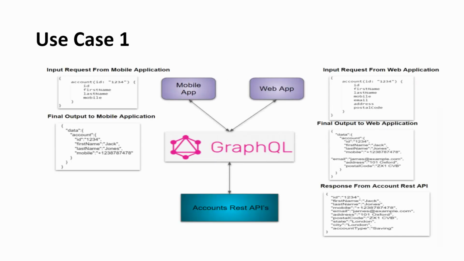Okay, so we are going to discuss some of the use cases. Say I have some underlying API, like I am fetching some account details from the underlying API. Generally the mobile application requires 2 fields, whereas the web application requires 8 fields. So generally we create multiple APIs at the experience layer: one for the mobile application and one for the web application.